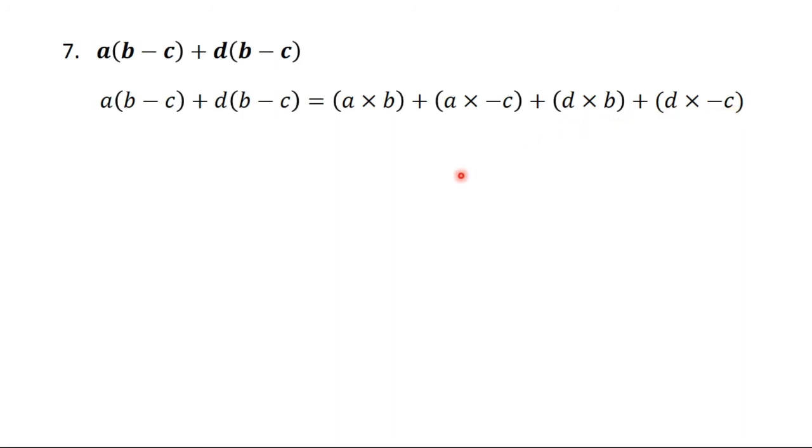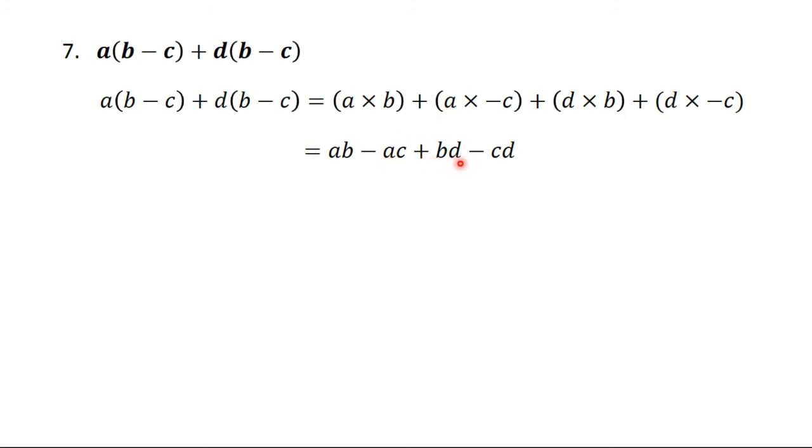Now we've learned from multiplication of algebraic expressions that a times b is going to give us ab. Now a times minus c is going to give us minus ac. So from here we can see that we have plus here, and what is in the bracket is giving us minus. We have learned that when plus and minus meet in that way, it changes to minus. So minus ac.